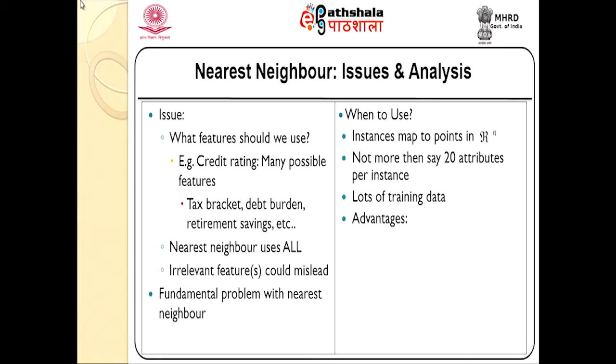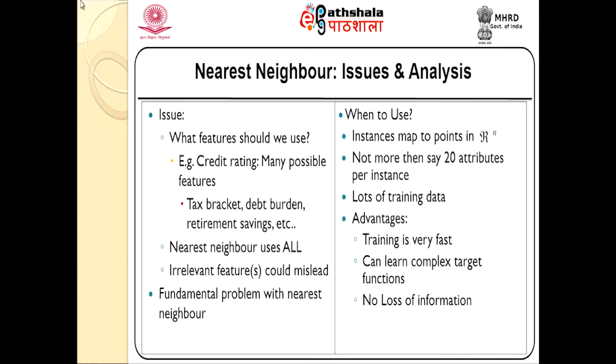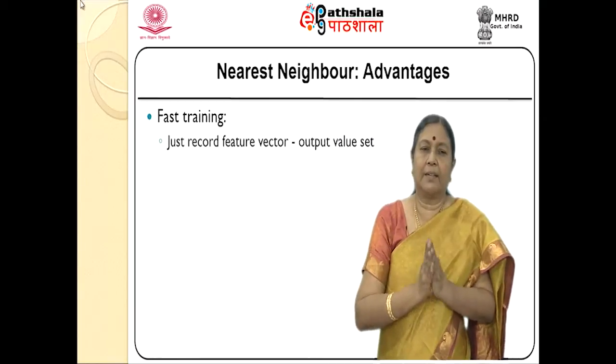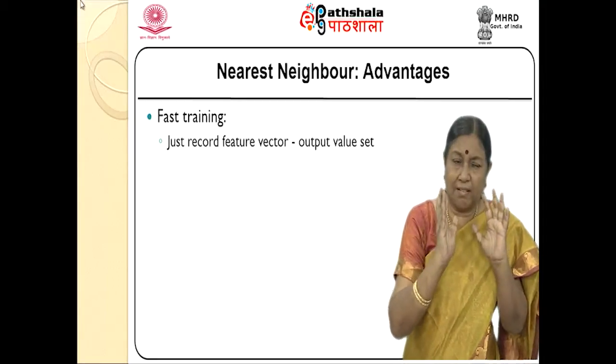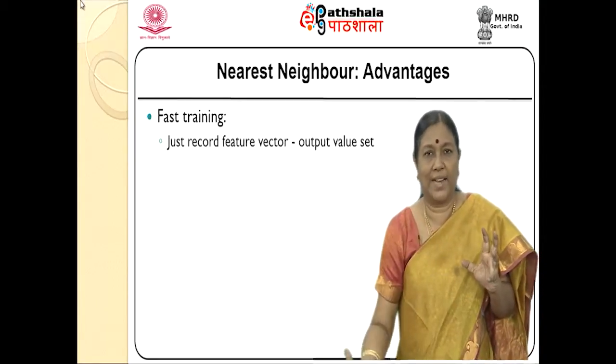The advantages of nearest neighbor are, it can learn complex target functions because you are doing local approximation for every query instance. There is no loss of information as such. These are some of the advantages of the nearest neighbor approach. Next is fast training. You just have to record the feature vector and the output value.